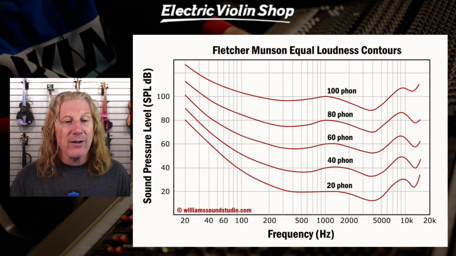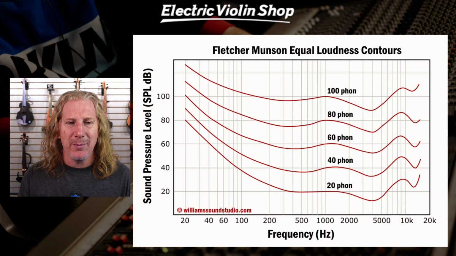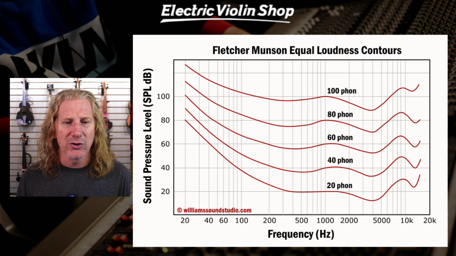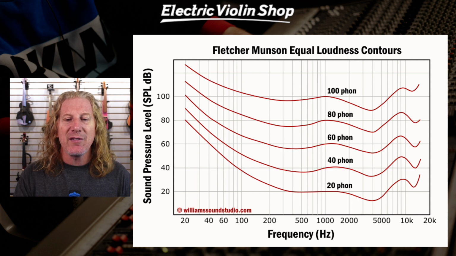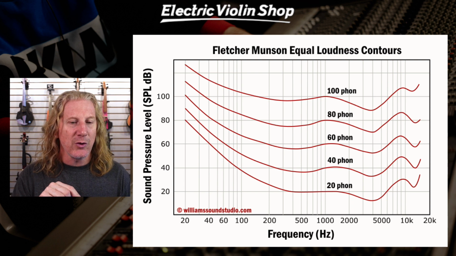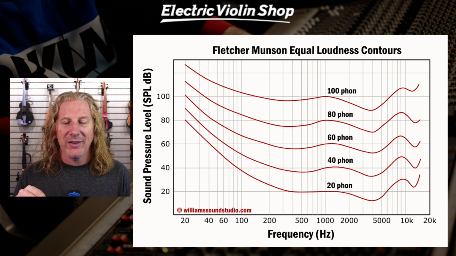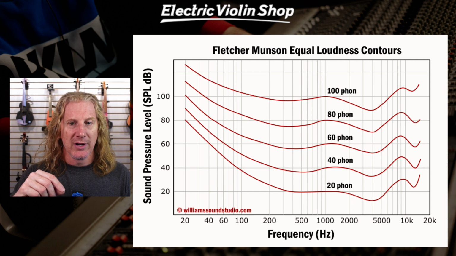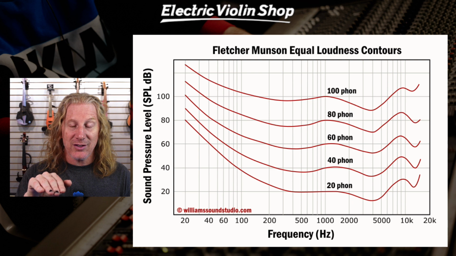So the quieter something is, you can see this 20 phons, and I'm not going to spend a ton of time explaining these. There's all kinds of articles that you can read about this. But see, 20 phons is essentially 20 decibels at 1,000 hertz. So what they would do is they'd have somebody sit there and listen to a tone that's 1,000 hertz. Say, okay, that's the level.